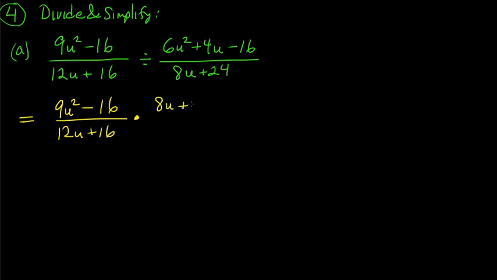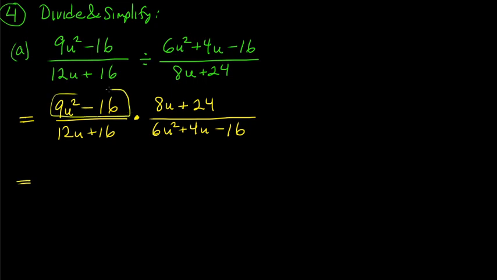So you put the 8u plus 24 in the numerator, and then the 6u squared plus 4u minus 16 in the denominator. Right. So once you do that, it's the same as number 3 now, right? Now you just simplify, which is, again, factor and cancel. So the first numerator here is, again, a squared minus b squared.